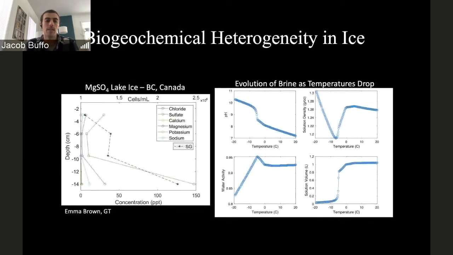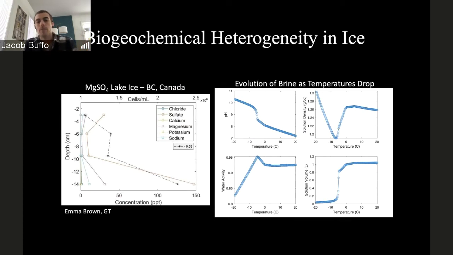What you can see is that in that shallow ice cover, the bulk quantities of those ions are going to be lower, but you have to remember that it's also going to be colder at the top. So whatever is residual brine and still in solution will probably be a lot more concentrated than what's at the bottom, and that's going to be reflected in the amount of cells that are going to be there, right? You can see that there's a definite trend towards the bottom of those ice cores where the biomass is going to increase with depth.